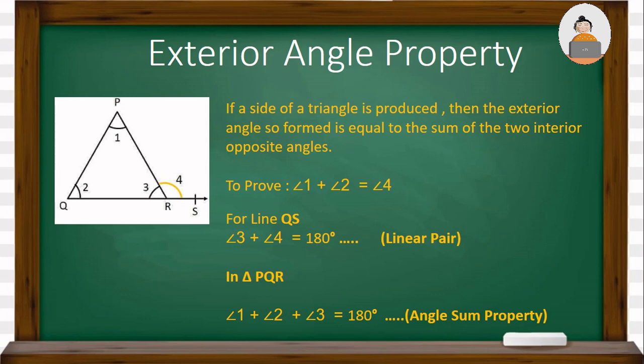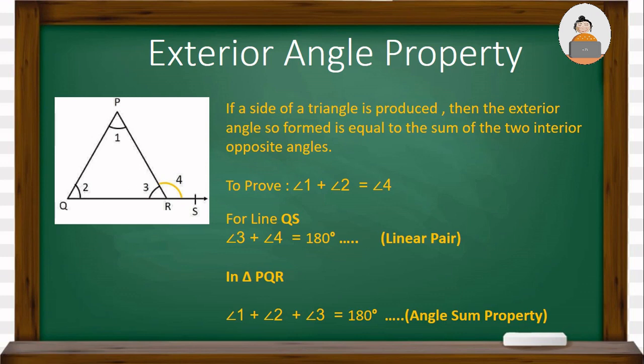The second equation we will get is through the angle sum property. We are going to discuss the angle sum property further in our next slide. So the sum of the interior angles, angle 1, 2 and 3, will be equal to 180 degree.